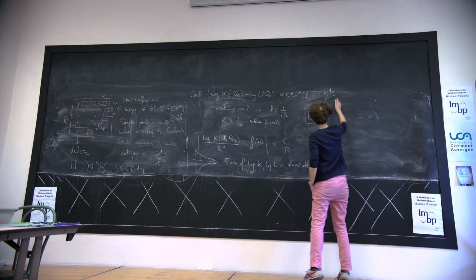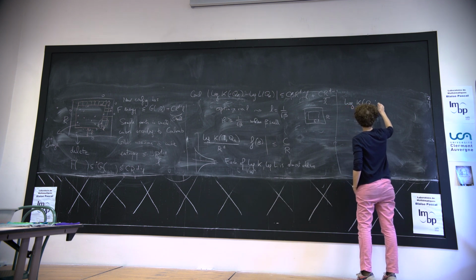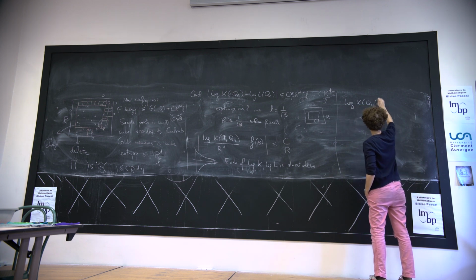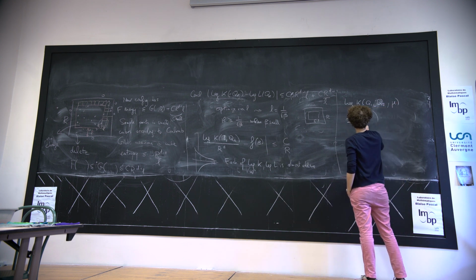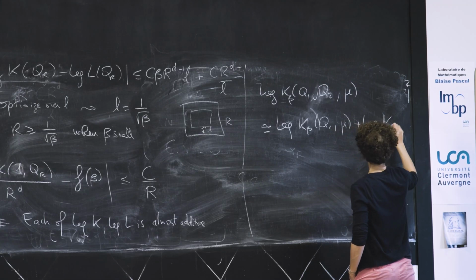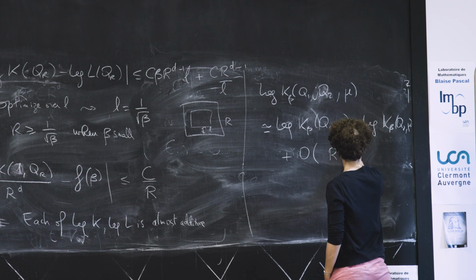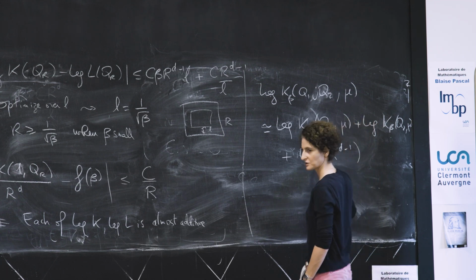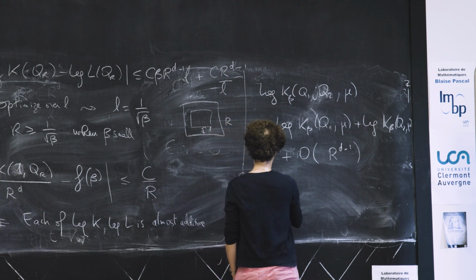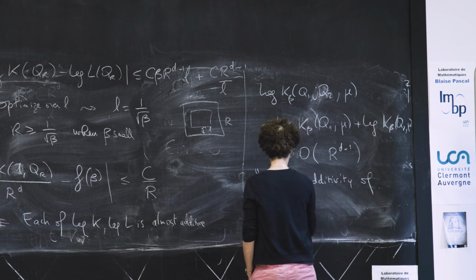So thanks to the screening, what we have is that, right, if you have two cubes, Q1 and Q2, you can now start to say that it's the same as the sum of the logs plus an error which is going to depend on R^(d-1) and has some betas in there. Okay, so this is the almost additivity of the free energy.